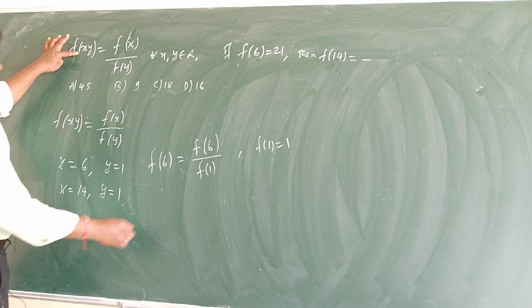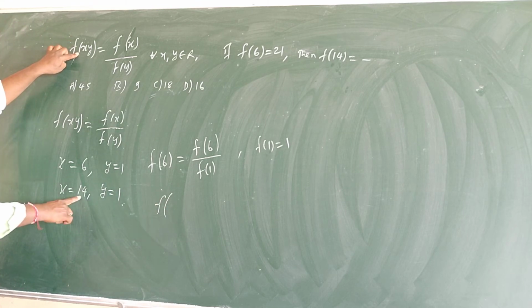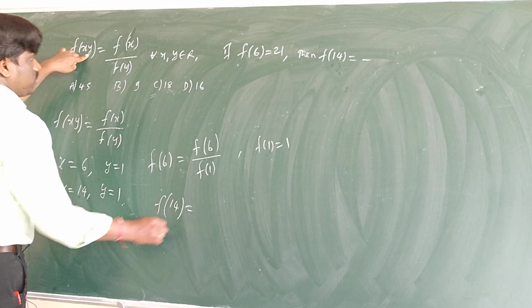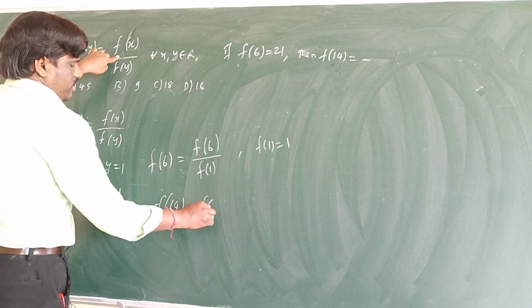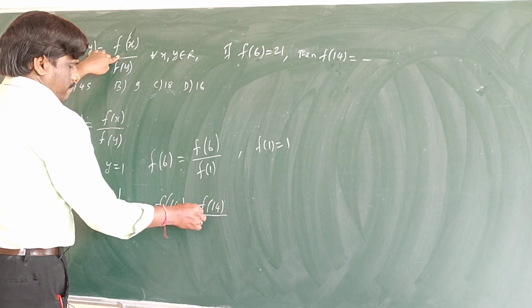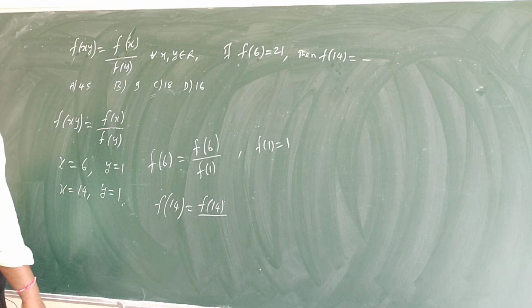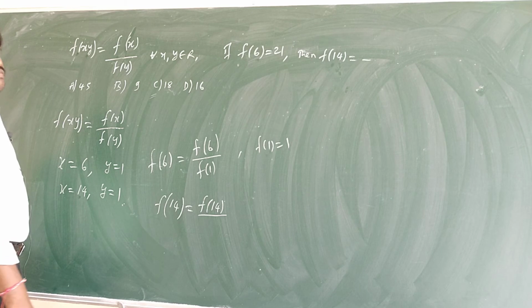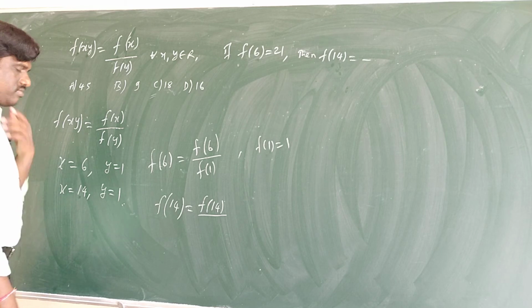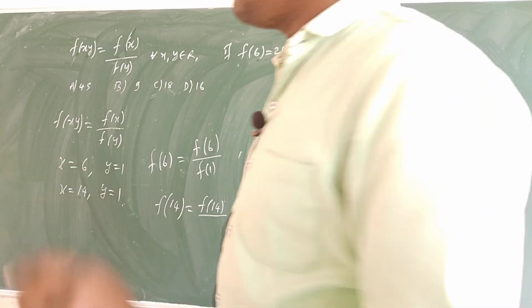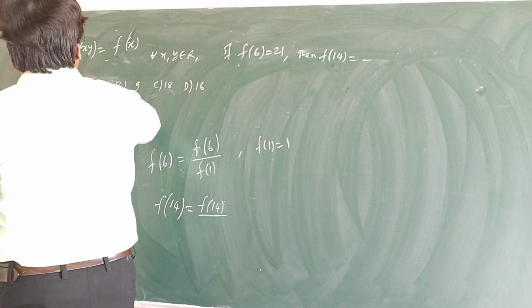So what I get here? f of 14 into 1, f of 14 is equal to f of 14 by f of... mistake in the question, ये y है.